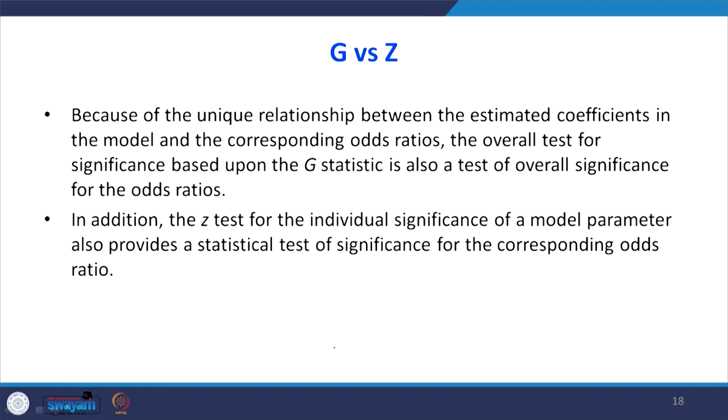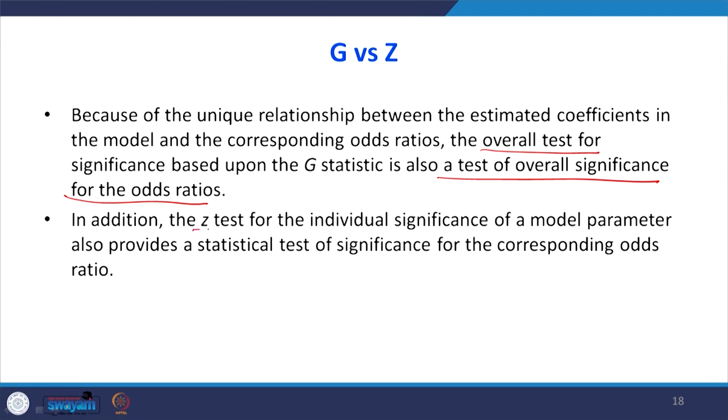Very important things: we will compare the purpose of the G statistic and the Z statistic. As I told you, because of the unique relationship between the estimated coefficients in the model and the corresponding odds ratios, the overall test for significance based upon the G statistic is also a test of overall significance for the odds ratios.